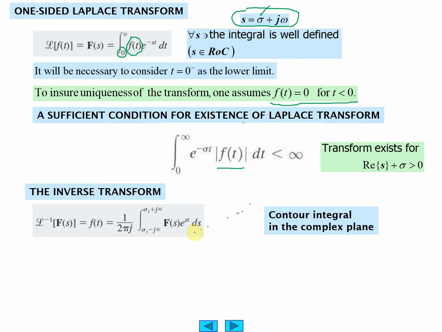The inverse transform, you'll notice that we use capital F for the transform function, little f for the untransformed function. The inverse Laplace transform acts on capital F and yields little f. Like I said, in practice, people have a table of inverse transforms.